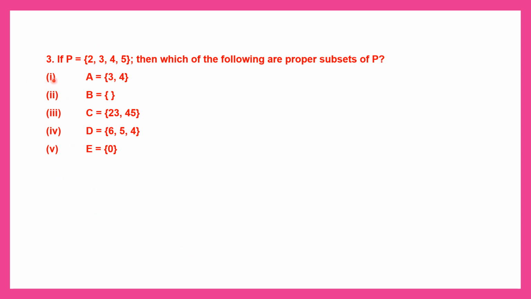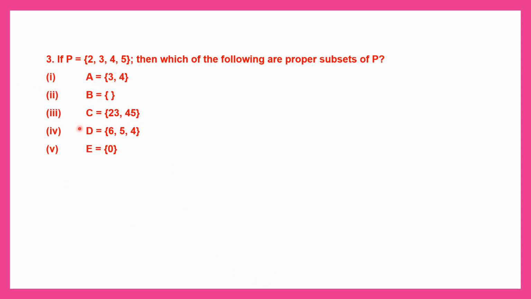Question 3. If P is equal to {2, 3, 4, 5}, then which of the following are proper subsets of P? Proper subsets means all subsets leaving out the set itself. So look at the first question. A is equal to {3, 4}. Do we have them? Yes. So A is one answer.